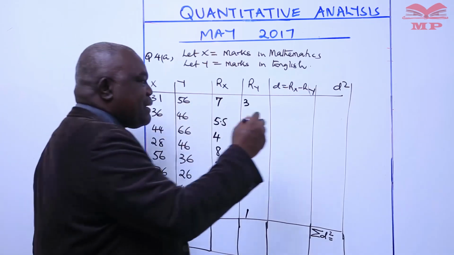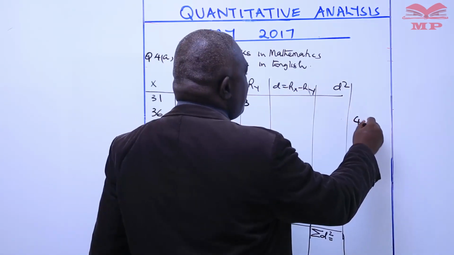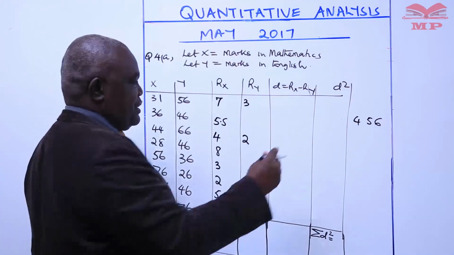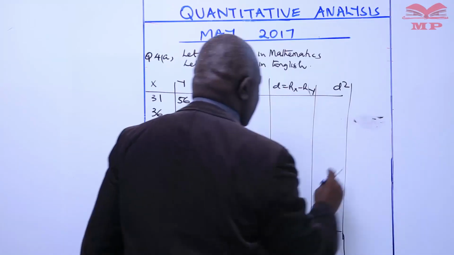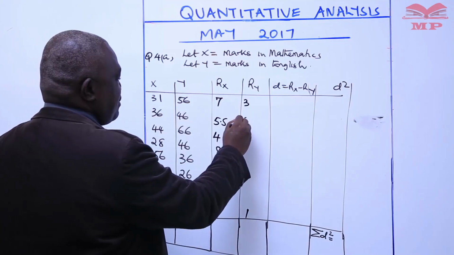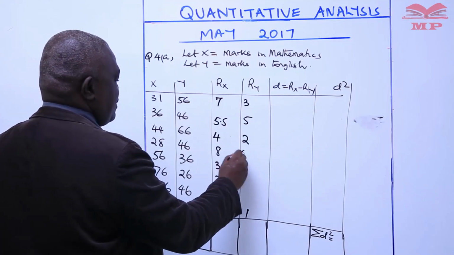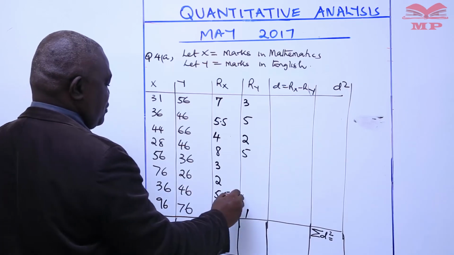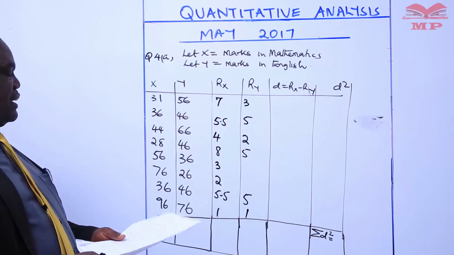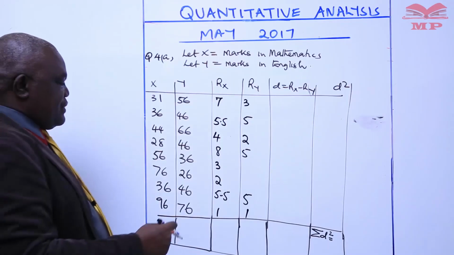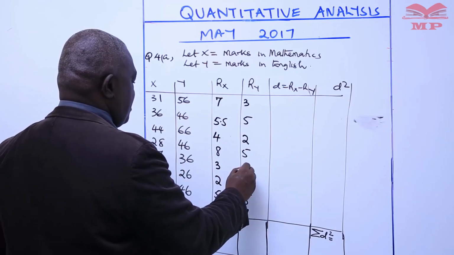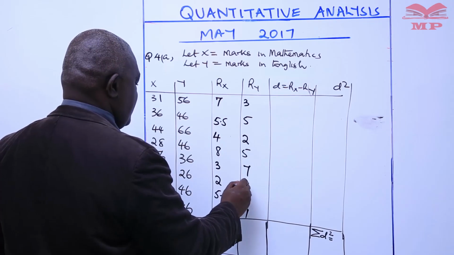So I have to get the average of 4, 5, 6, which is 15. 15 divided by 3 is 5. Therefore, this 46 is given rank of 5, this one is given rank of 5, this one also rank of 5. We have moved from 4, 5, 6, which means the next one should be 7, then 8. So this 36 becomes number 7, and this is number 8.